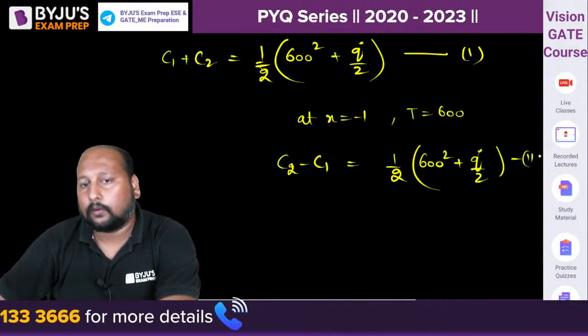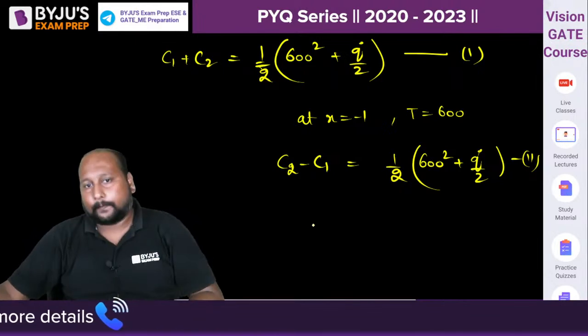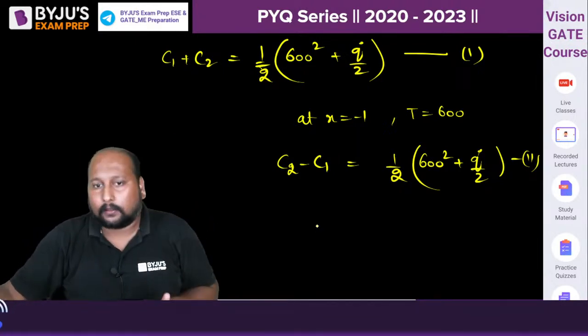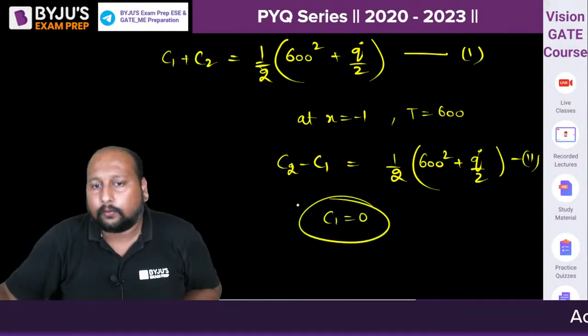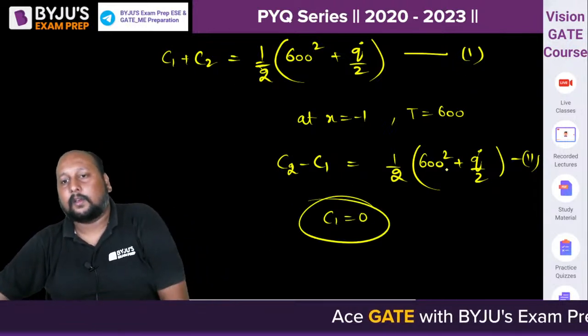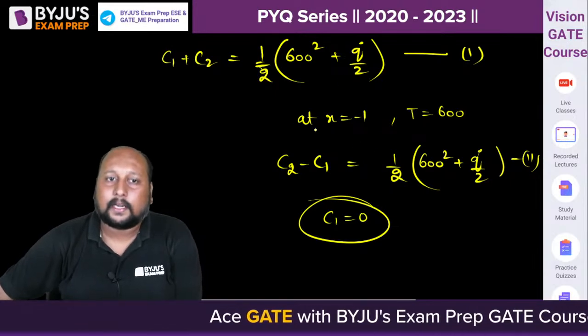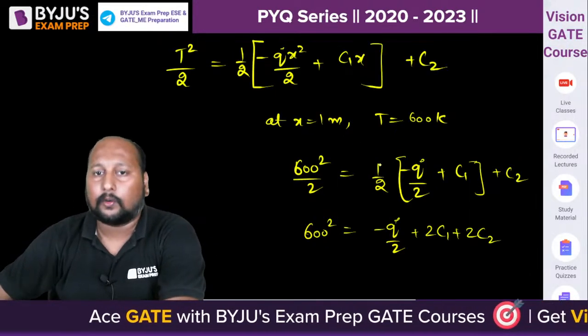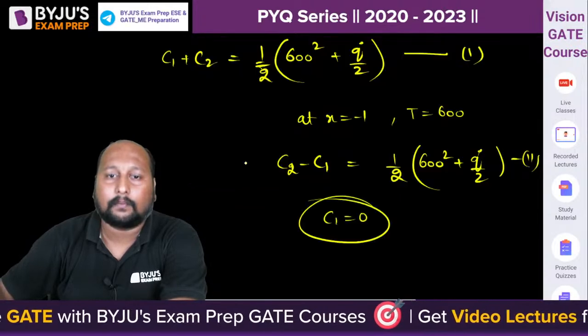This is equation number 2. If you try to solve equations 1 and 2 and subtract, C1 is already equal to 0. So if C1 equal to 0, the equation is reduced to a simpler format.